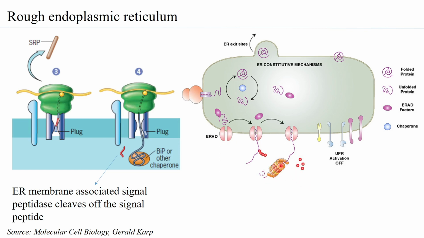Inside the proteasome, the protein is degraded to amino acids or smaller peptides and released into the cytoplasm. So, in fact, these proteins are recycled. Because they did not fold properly, they are recycled, and the cytoplasm again has an amino acid pool that can be used for synthesizing a new protein.